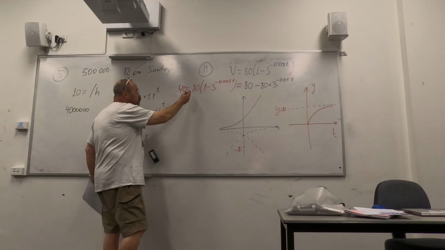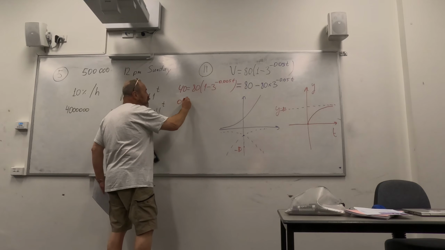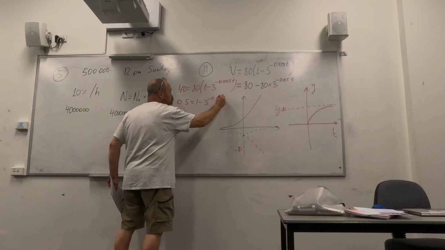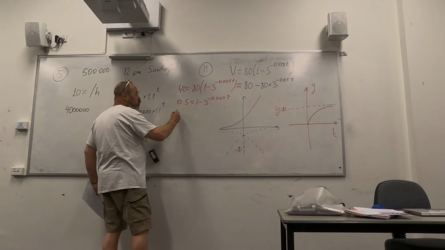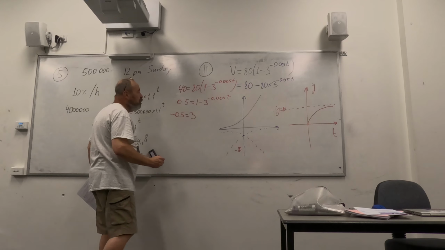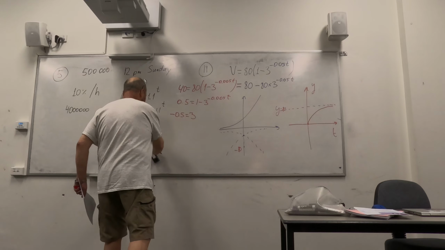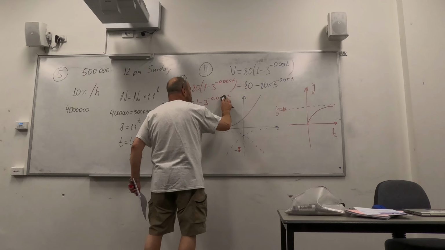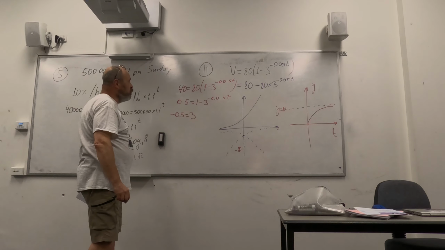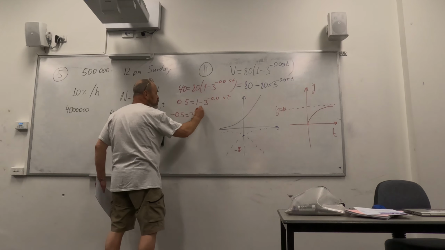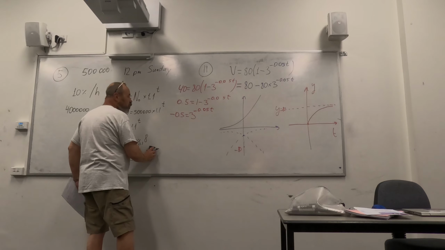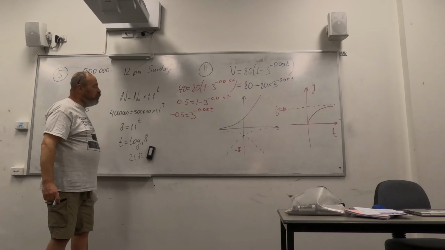Divide both sides by 80: 0.5 equals 1 minus 3 in the power negative 0.05t. So we have negative 0.5 equals negative 3 in the power negative 0.05t.